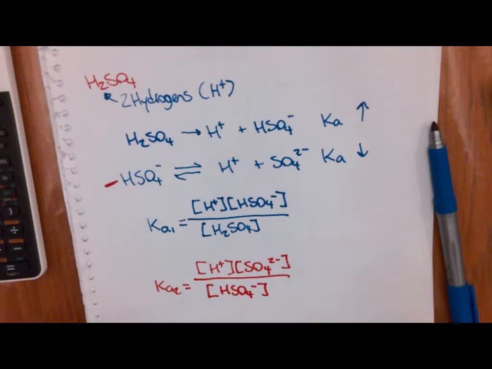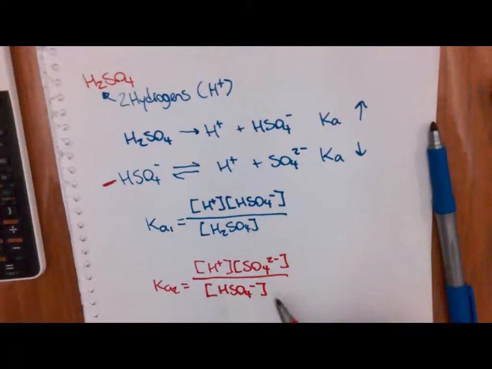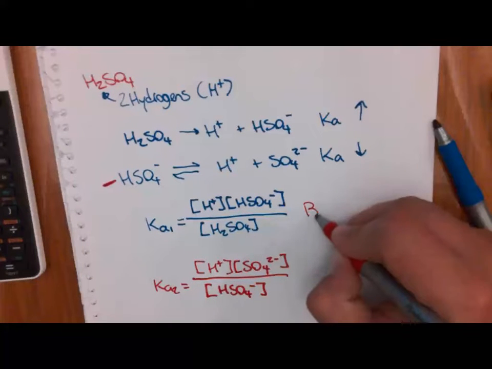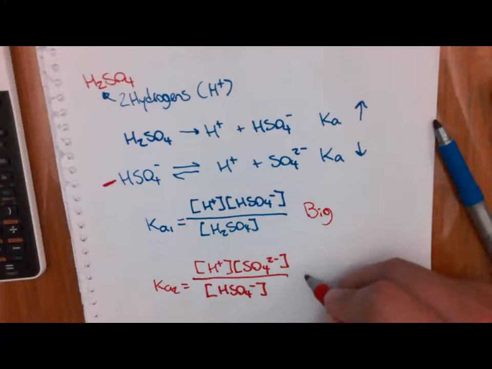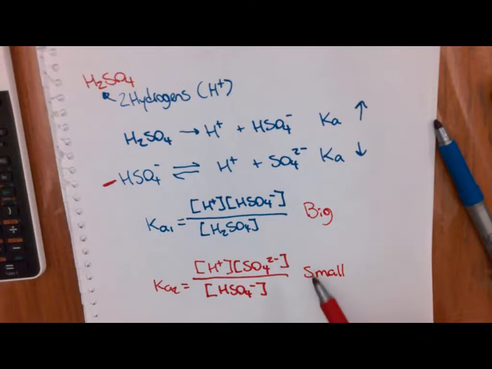This value is going to be significantly different than the value up here. This one's going to be big, and this one's going to be rather small. However, we need to understand how these work in order to do some calculations moving forward.